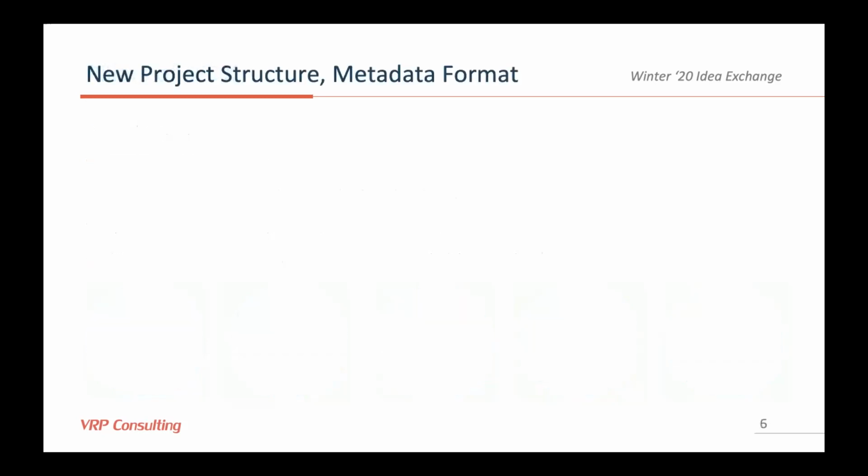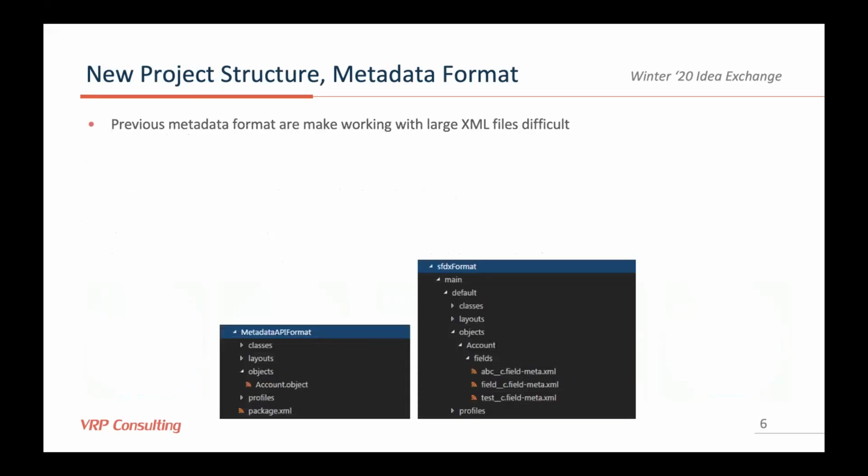As we know, the previous metadata format isn't ideal for working from a version control system. In general, custom objects and profiles can cause these issues. For example, the metadata format makes working with large XML files difficult.